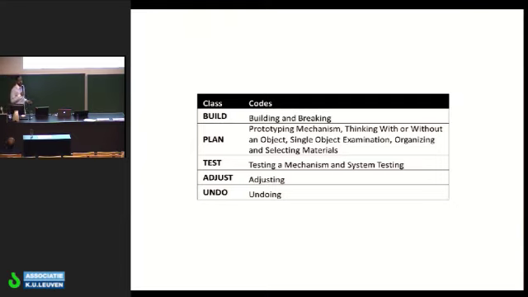So the very first thing that we did when we analyzed this data is we broke down those initial classes that we started with and combined them into much more generalizable classes. So we have a building class that encompasses building and breaking. We have a very large planning class, then a class around testing and a class around adjusting and undoing.